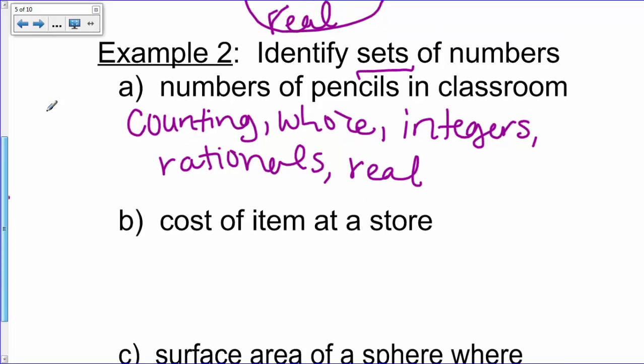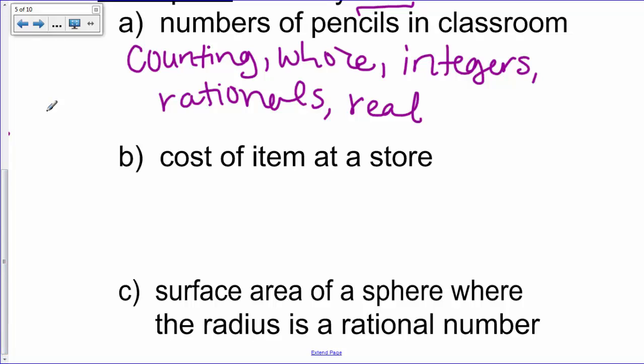Okay. Next, the cost of an item at the store. So whenever you buy something at the store, it generally has a what? I hope that you're thinking decimal, because that's true. You go to Casey's and buy a bottle of soda, it's like $1.60 something now. Okay, so since it has that decimal, the decimal does not keep going, right? It's not repeating, but it does terminate.